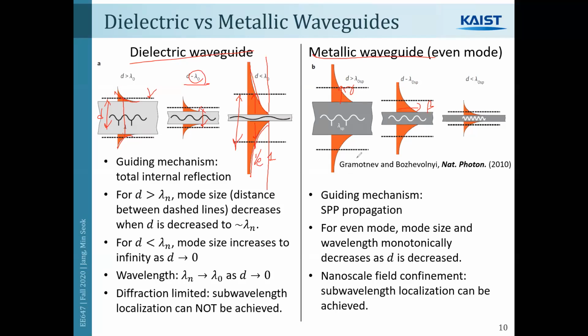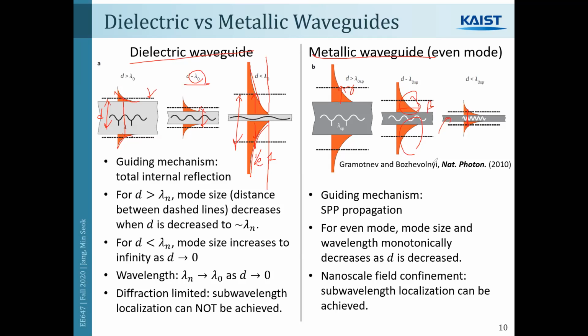So if you make the waveguide thinner and thinner, you basically make your field penetration smaller and smaller. If you make this infinitely thin, the size of your guided mode can be very small, compressed a lot, much below the diffraction limit.